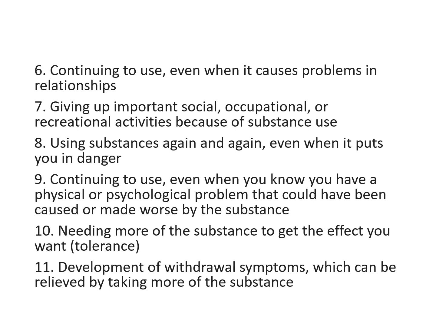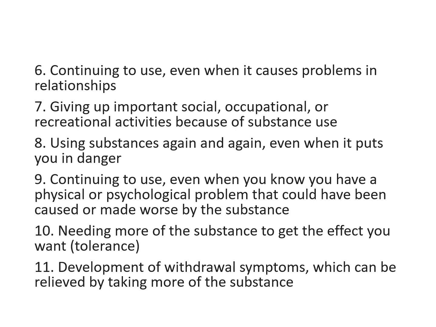Number 6, continuing to use even when it causes problems in relationships. An example of that is people whose spouse has told them they're going to leave them if they don't stop drinking, and they're going to lose their job, and they still continue to use. Number 7, giving up important social, occupational, or recreational activities because of substance use.